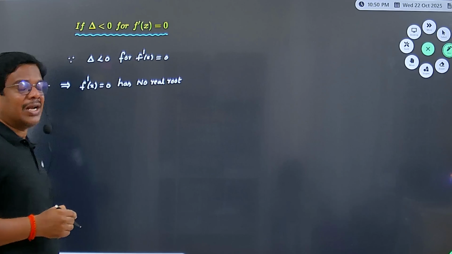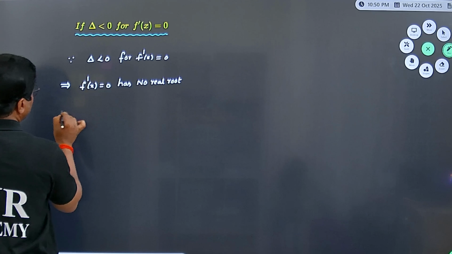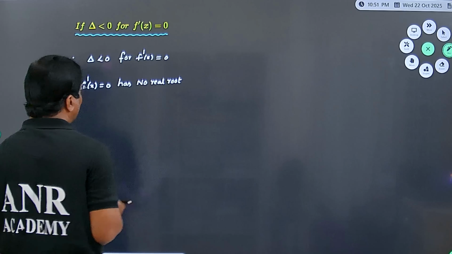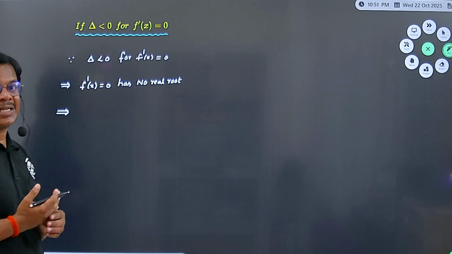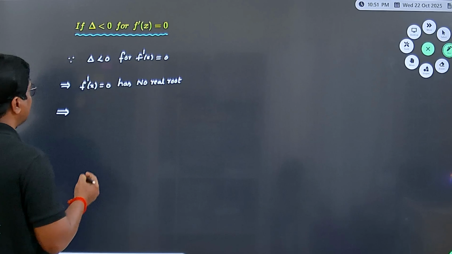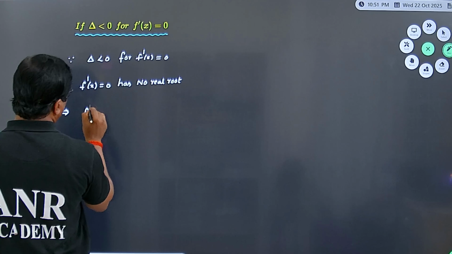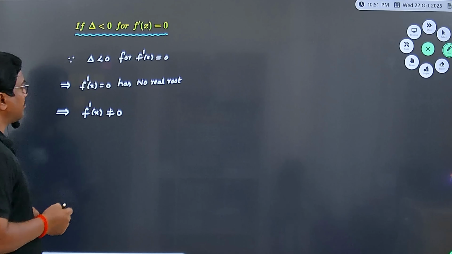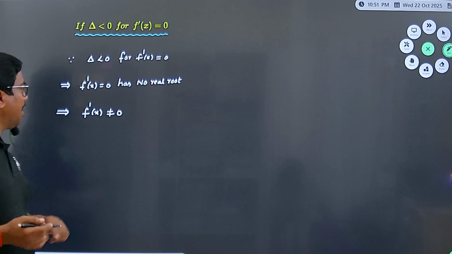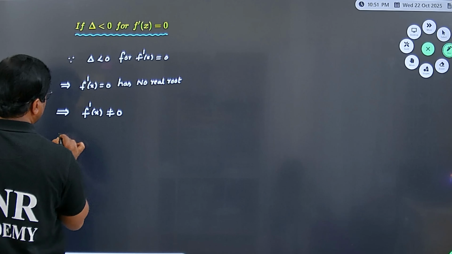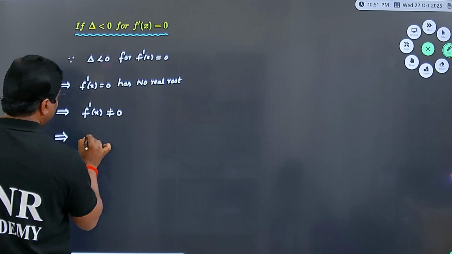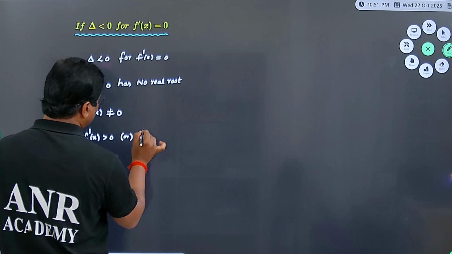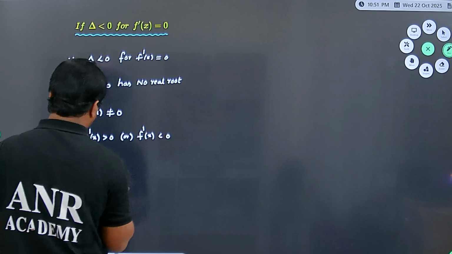When it has no real root, it doesn't intersect the x-axis. Therefore, f dash of x is not equal to 0 in this case. F dash of x is non-zero, implying either f dash of x is more than 0 or f dash of x is less than 0.